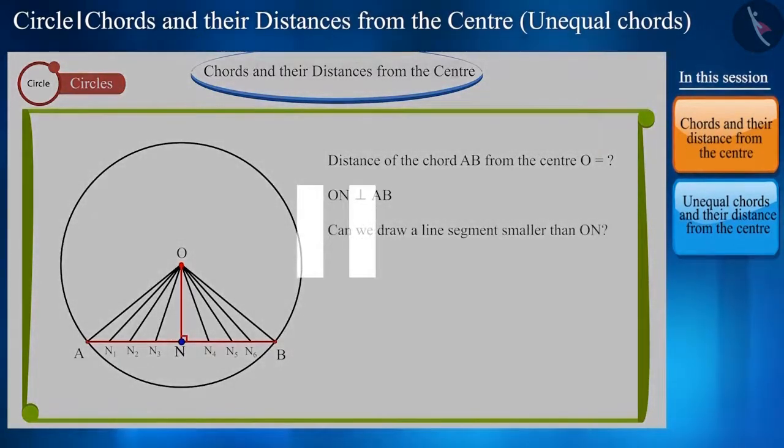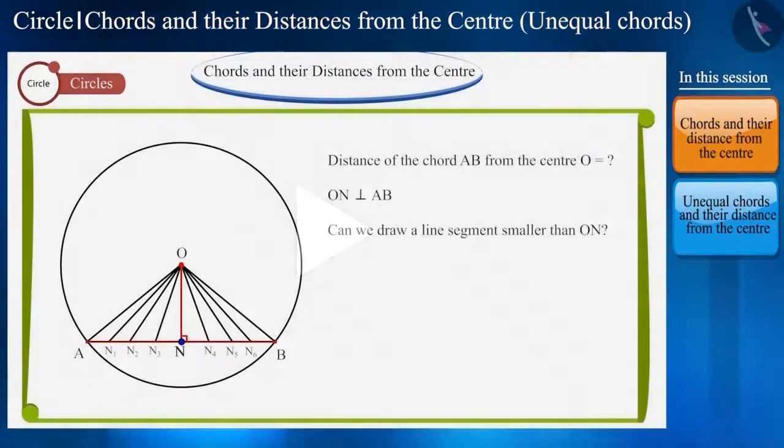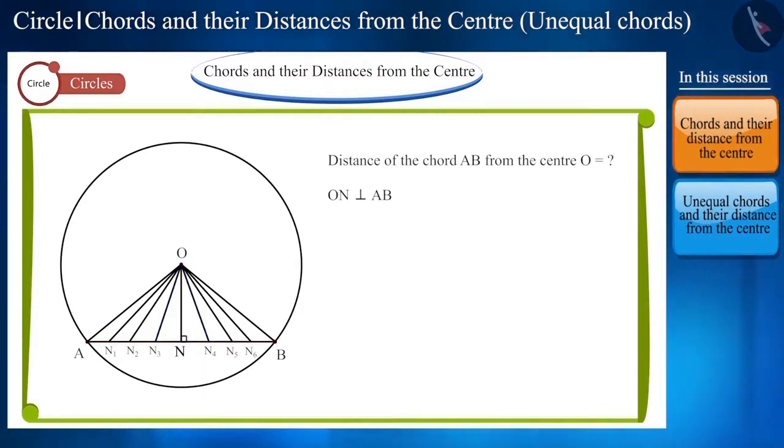You can pause the video and try. You will see that we cannot draw a line segment smaller than perpendicular ON here. Friends, in mathematics, we define this shortest length ON as the distance between O and AB.